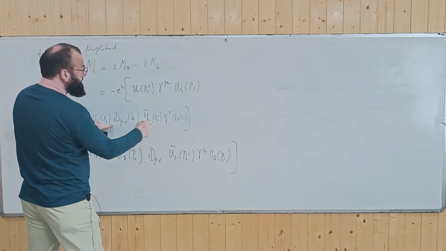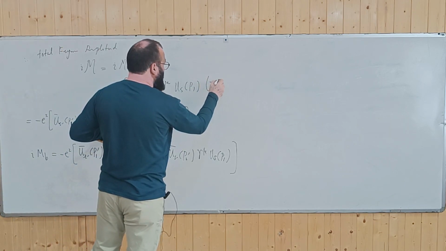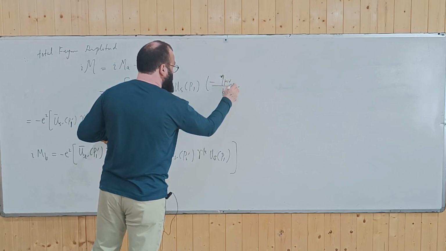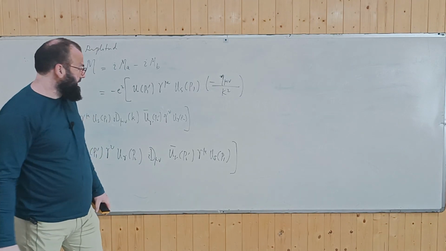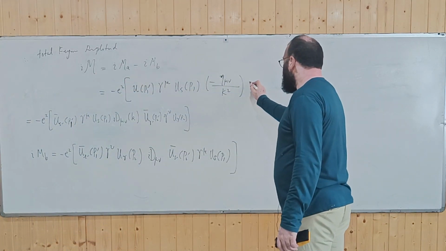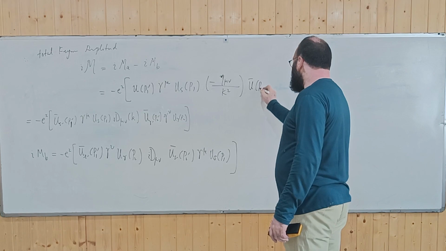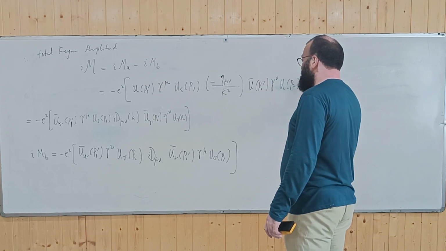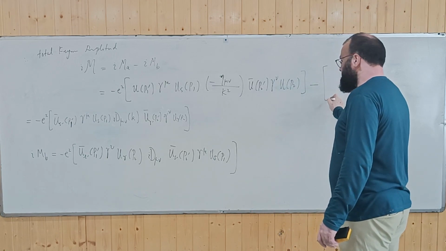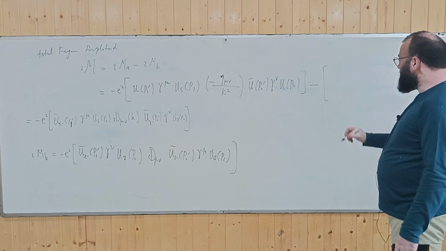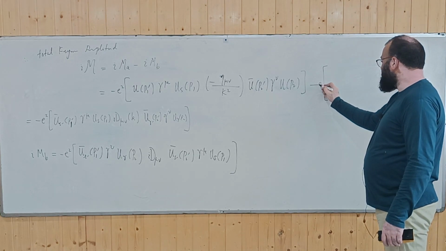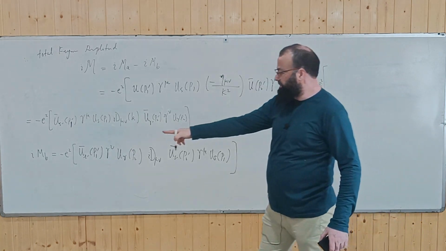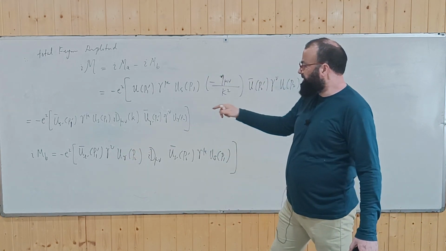What is i d mu nu? It is simply minus eta mu nu divided by k square. Forget about i epsilon. Then you are having u bar p2 prime gamma nu u p2, minus the other term. There is an e square as well, so it will now be plus e square. Minus and minus becomes plus.